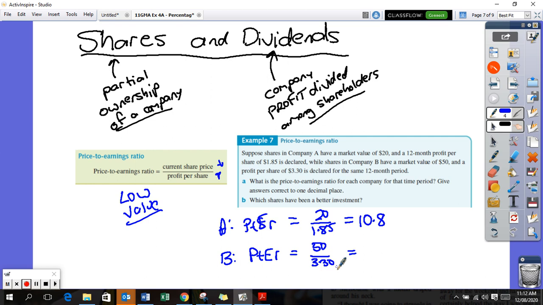So we have 50 divided by 3.30 and we get 15.2. Okay, so this is the lower one, so A is the best investment. Okay, you might need to pause that to get some notes down.